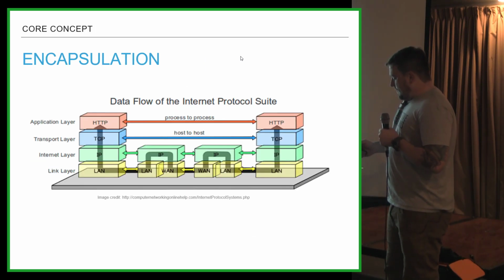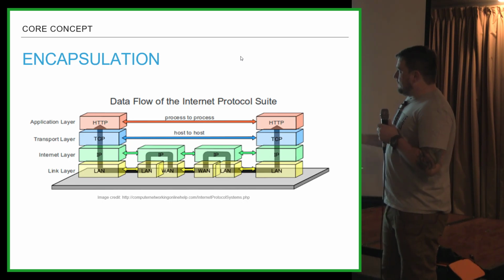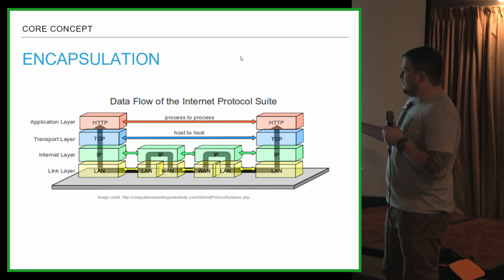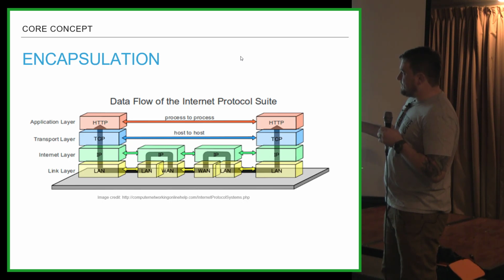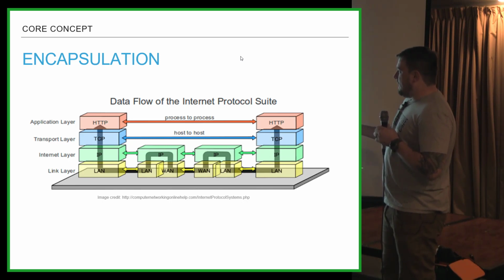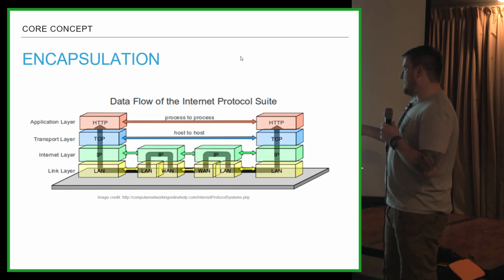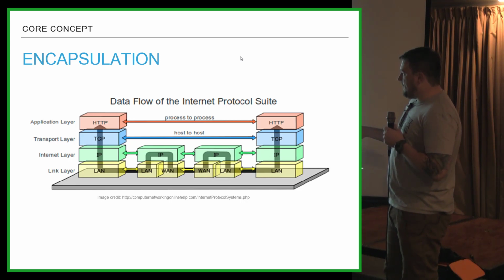So again, here's a picture for encapsulation. As you start up here with your HTTP and your browser, you go down into TCP, you encapsulate with a TCP header, and then the TCP payload, and after that you get an IP header, and then after that you get your frame header.